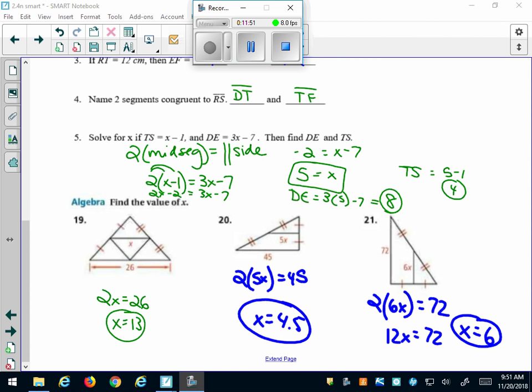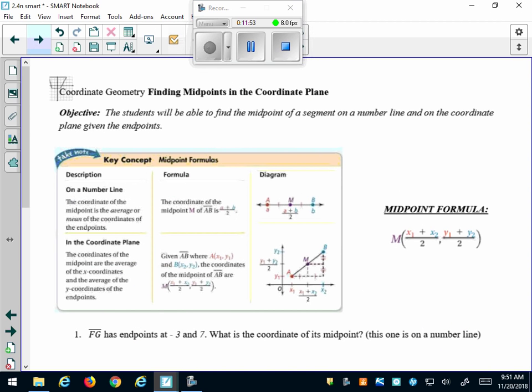Okay. So the next page might seem unrelated, but it's sort of related. There's something called coordinate geometry, where all these relationships can be investigated and explored on a coordinate plane, x-axis, y-axis. So we did dabble with this formula already before. I sort of gave it to you as a preview one day.